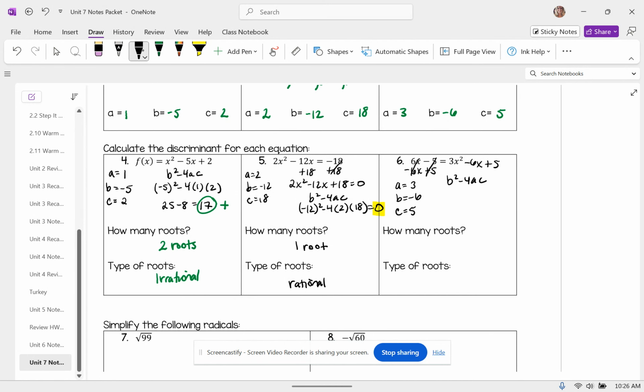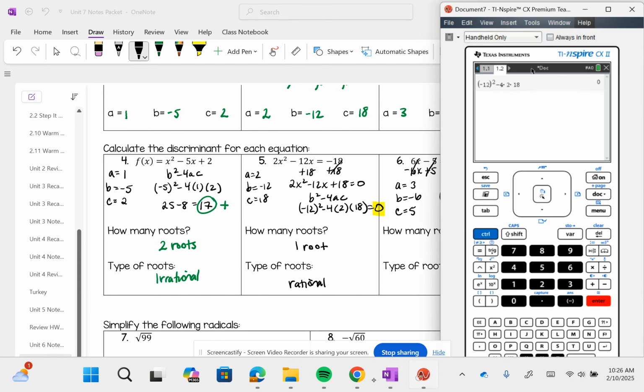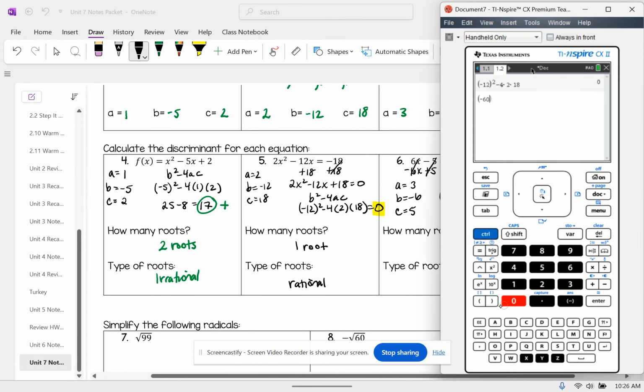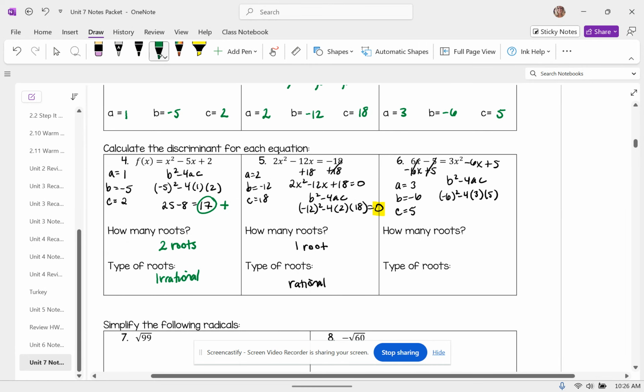Let's plug these into the formula for the discriminant, b squared minus 4ac. And then let's type this into our calculator. I have -6 squared minus 4 times 3 times 5. All right, I got -24.